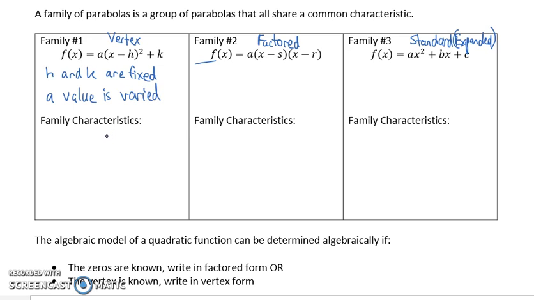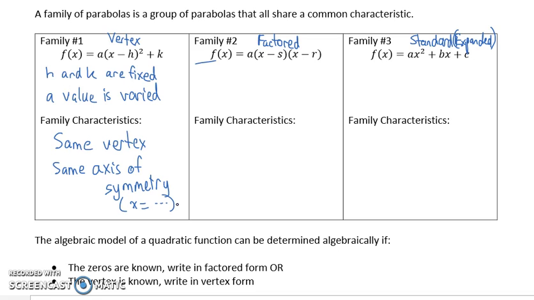If we vary the a value and the h and k value are fixed, what we find is that all the family has the same vertex and the same axis of symmetry. The axis of symmetry, if you recall, is the vertical line that goes through the vertex. It's always in the form x equals some value, some number.